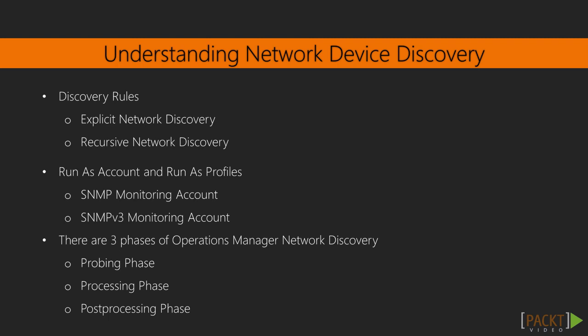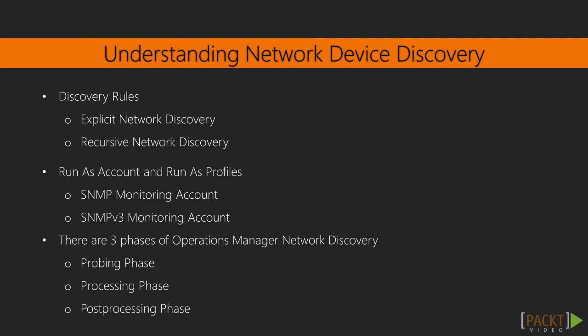You have 2 types of discovery rules, either an explicit network discovery or recursive network discovery. When you perform an explicit discovery, you configure the rule to explicitly discover based on an IP address or the FQDN of that particular network device.